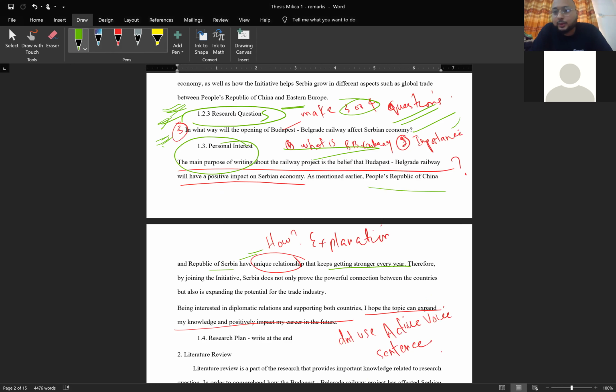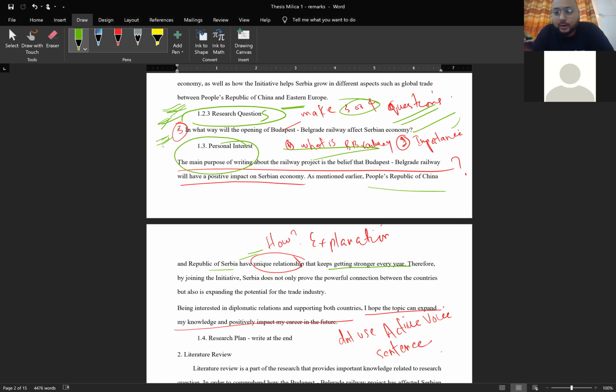Plus, when we are expanding the business, I want to know how much this kind of railway is going to contribute to the local Serbian economy, or how much this project is special to my business.